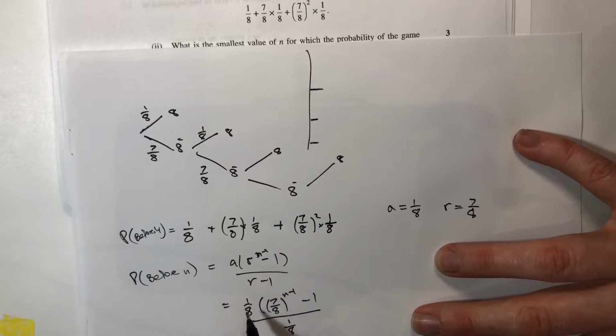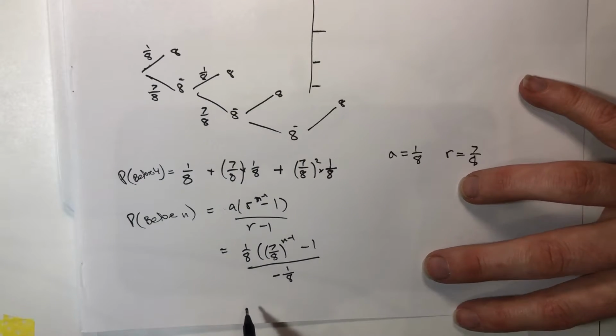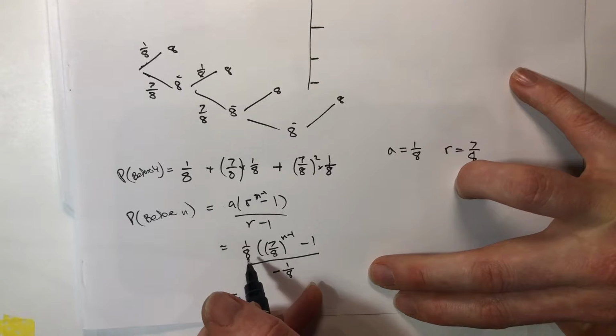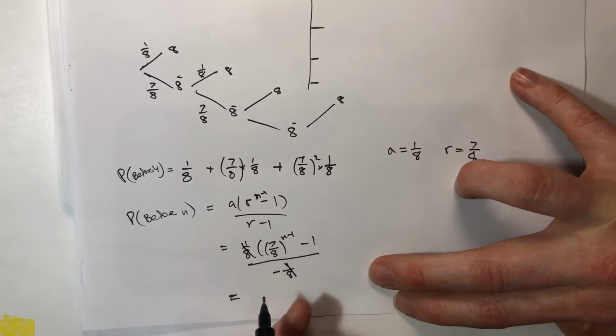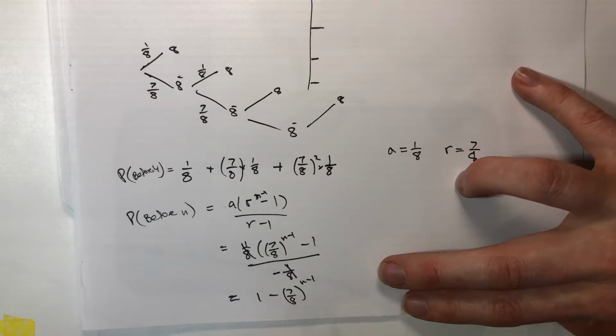If I go R minus 1, actually negative. So it will be, simplify again, if I pull my negative out the front, I can cancel my 1 on 8s, so I'll actually have 1 minus 7 on 8 to the power of n minus 1.